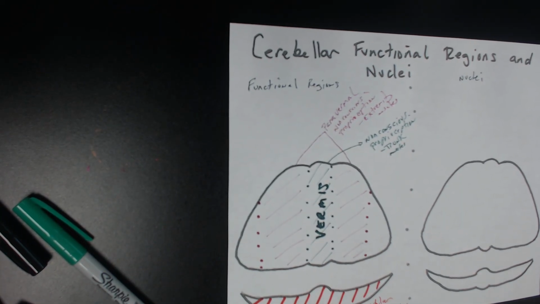So the vermal region receives information about non-conscious proprioception coming from your trunk. The paravermal region receives information about non-conscious proprioception coming from extremities. Each part of the cerebellum has its own function, its own piece of information that it's receiving from the rest of the body.